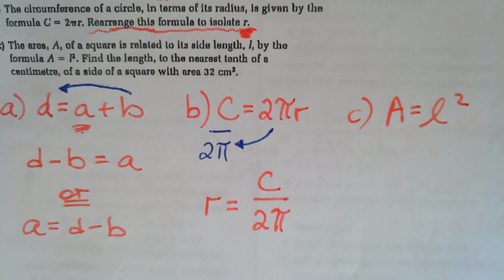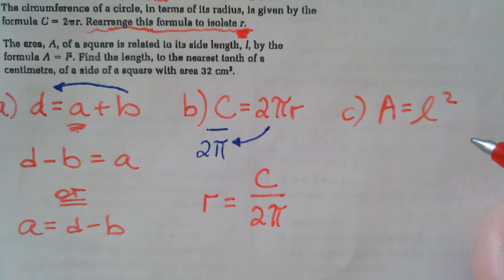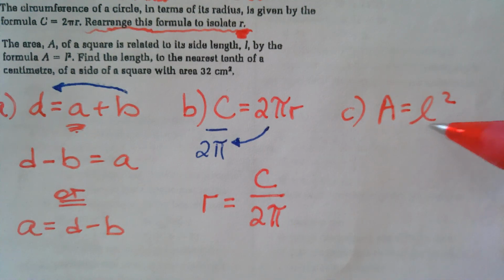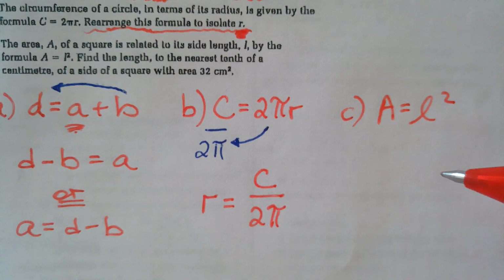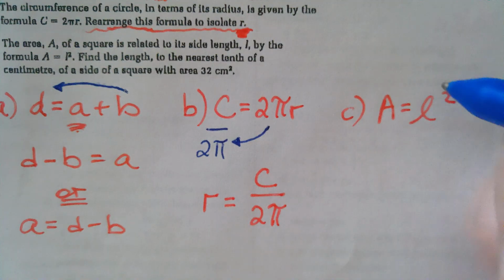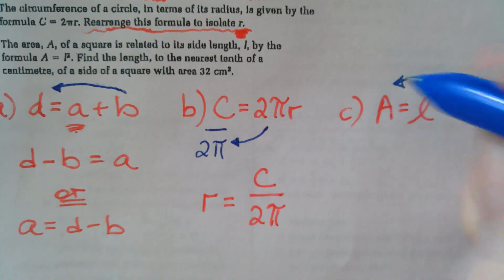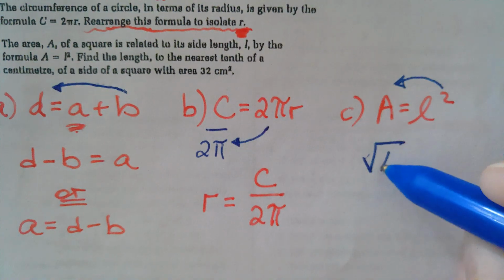Rearrange the equation so that it's solved for L first. So I want L by itself. What's the opposite of square then? Square root, right? So to move the square over, the opposite is square root of A.